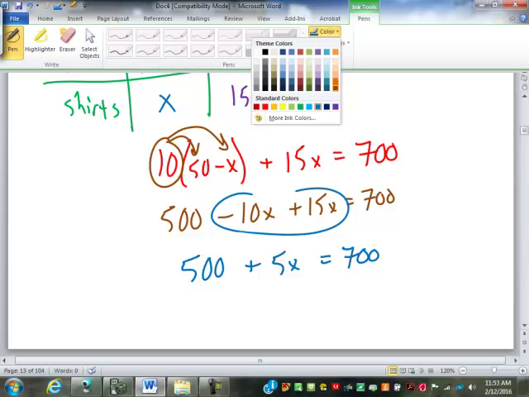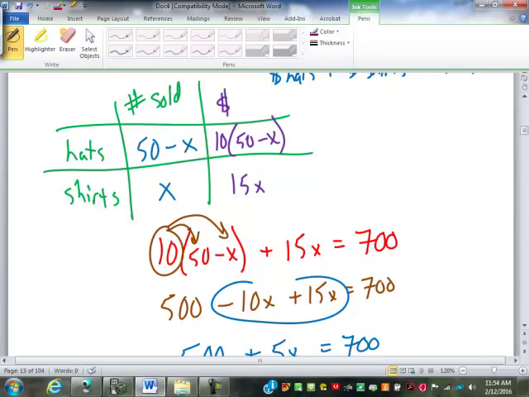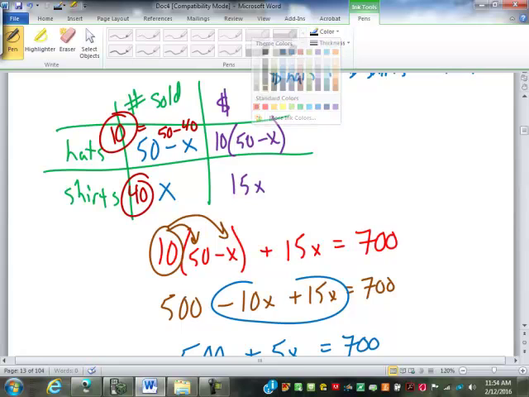And I'm going to assume you guys can solve from there, subtracting 500, dividing by 5 to get x equals 40. And again, we have to make sure we answer our question. X represents the number of shirts, that's 40. To get the hats, it's going to be 50 minus x, or 50 minus 40 is 10 hats. So it is the exact same problem. Any questions so far?